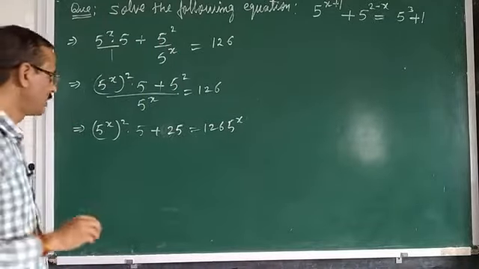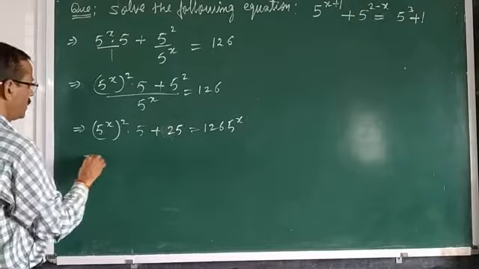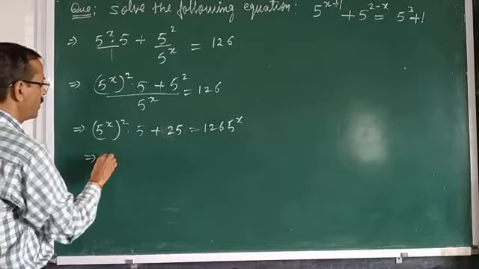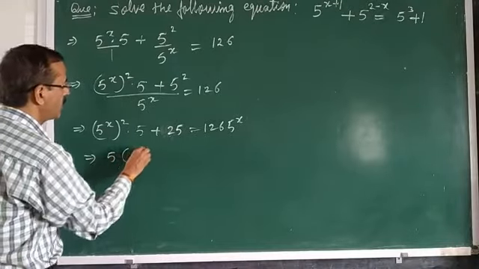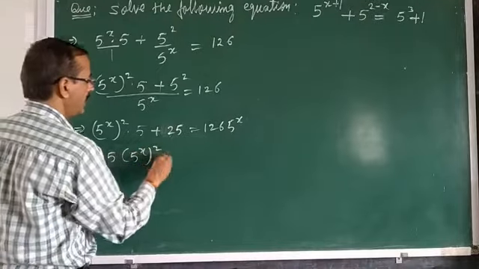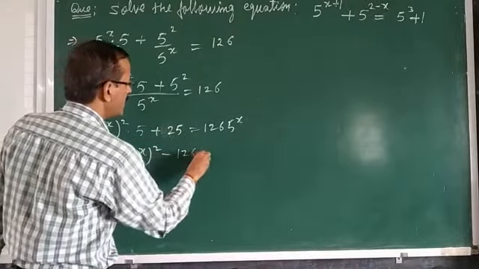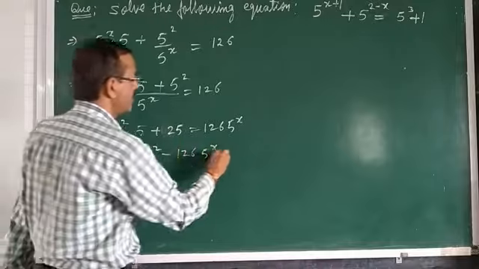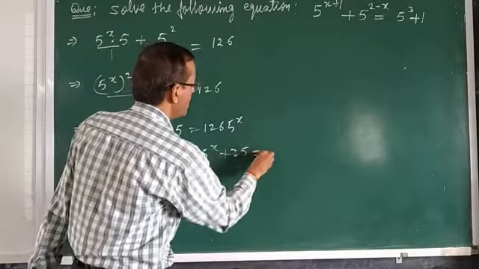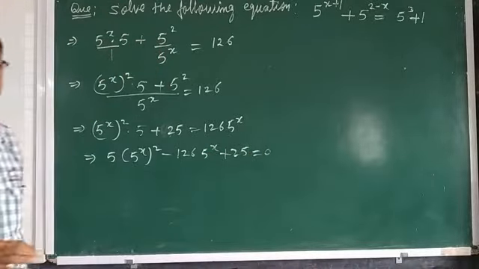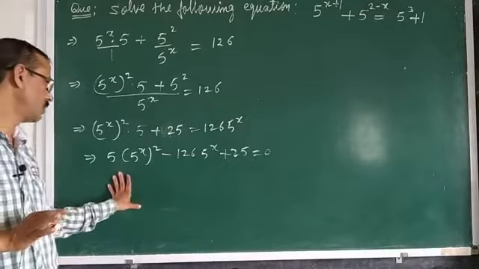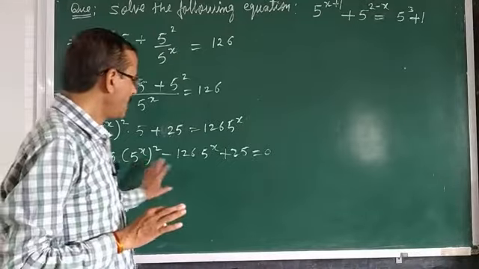Transposing to the left side, we get 5 into 5 power x whole squared minus 126 into 5 power x plus 25 is equal to 0. No doubt in this. This looks like a quadratic equation.